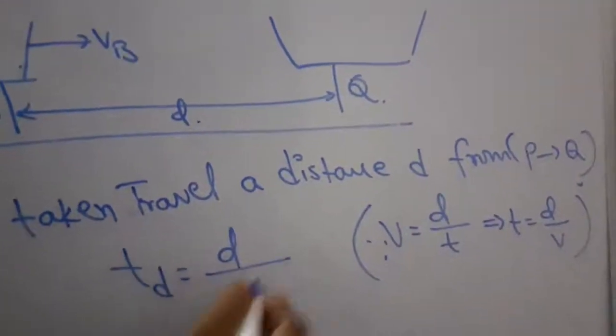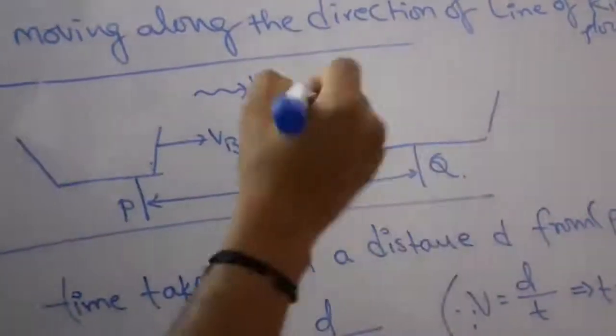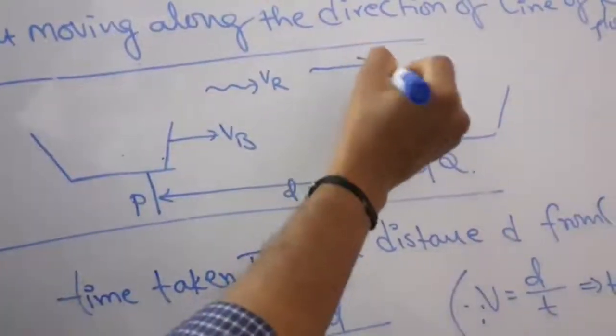The distance is D. Here the boat and river are both in the same direction. This is called downstream.